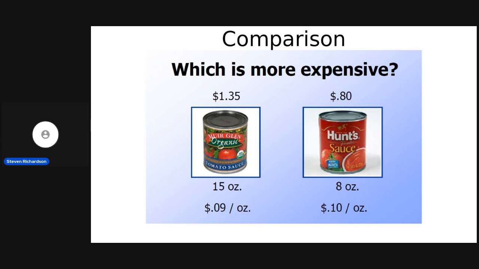It turns out the 80 cents is more expensive because it's 10 cents per ounce, whereas the other one is 9 cents per ounce. So the other one, 9 cents, is better for value. I mean, if you're grocery shopping, but the more expensive one is the 10 cents per ounce. This is how you compare a dollar of stock for $1 of earnings per share.